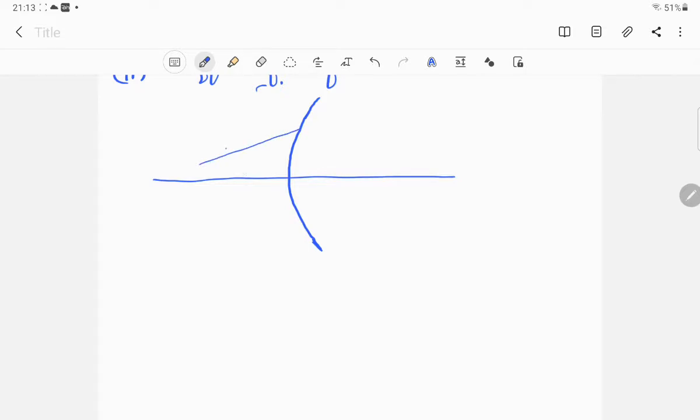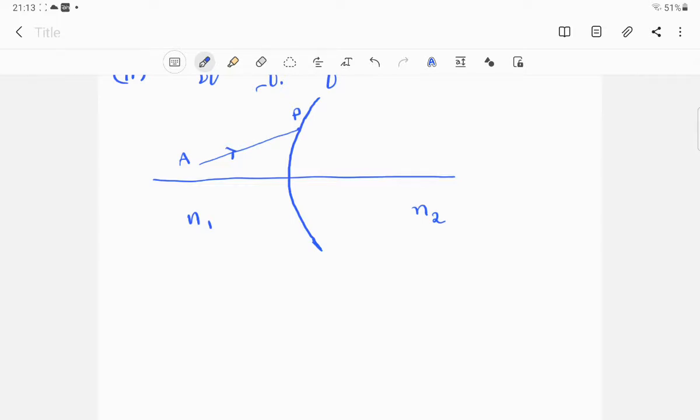Let me name this point A, and the point at which the ray is incident, I will name P. This side is of refractive index n1, and this side is of refractive index n2.